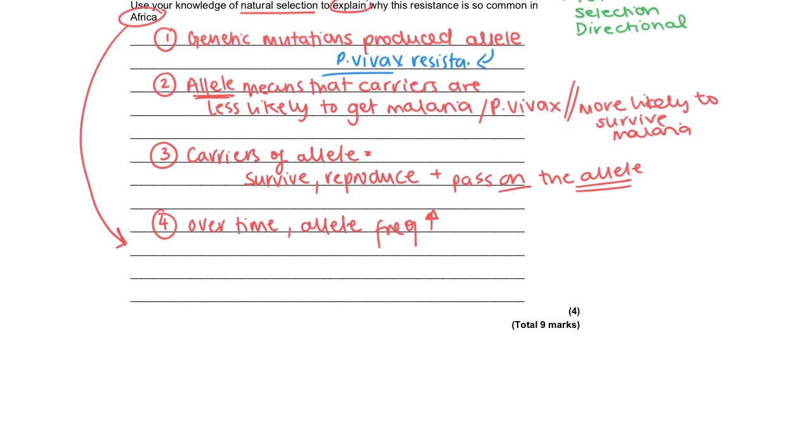And what this results in is more people having the allele, and therefore more people are resistant to this malaria caused by this specific strain of bacteria. As well as saying that the allele frequency increases, you could have said that there are a higher proportion of this resistance allele, or that the allele for resistance is more common. Either of those are absolutely fine.